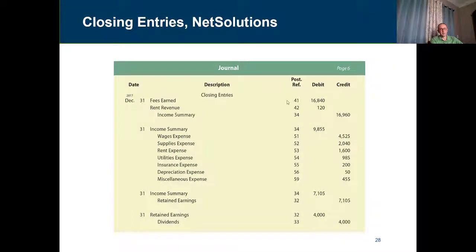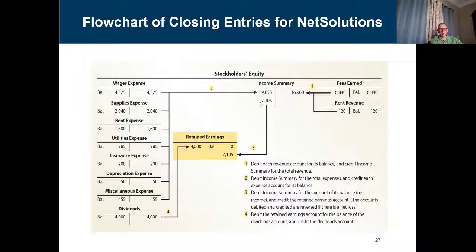We have fees earned, we have rent revenue. They're typically on the credit side. Now we're debiting them. We record them on the debit side. And on the credit side, we record the total for the revenues. So that's what happens here on this T account. We debited the 16,960, and here we have 16,840 and the 120 on the debit side.